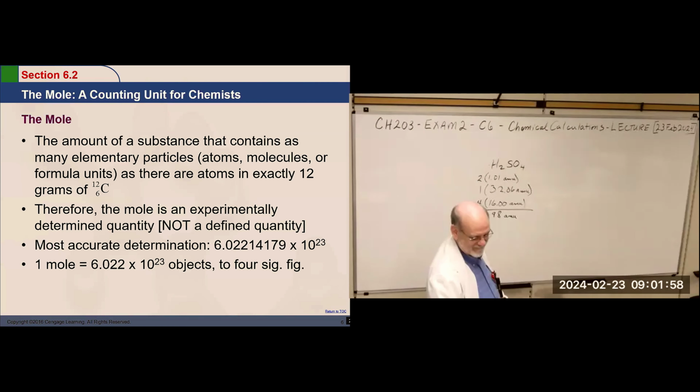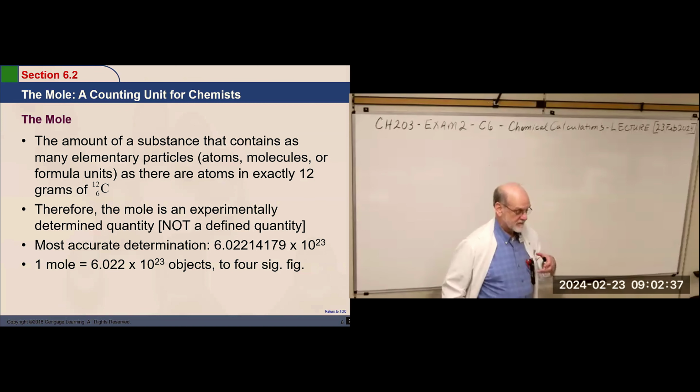Those numbers that we see in the upper right-hand corner of these little squares would be the weighted average for all the isotopes of that element in terms of atomic mass units. Up to this point, that's all we know. But that doesn't help us any, not for actually working in the lab, because we measure things by mass or volume.